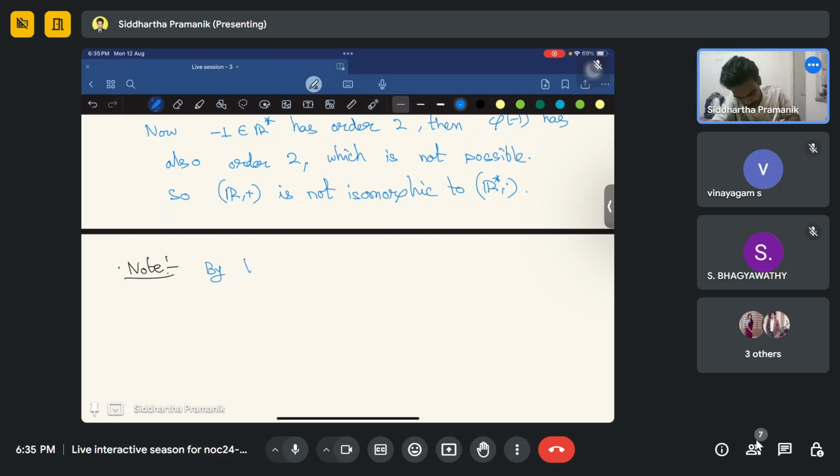So by the same argument, we can say Q under addition and Q star, dot, are not isomorphic.